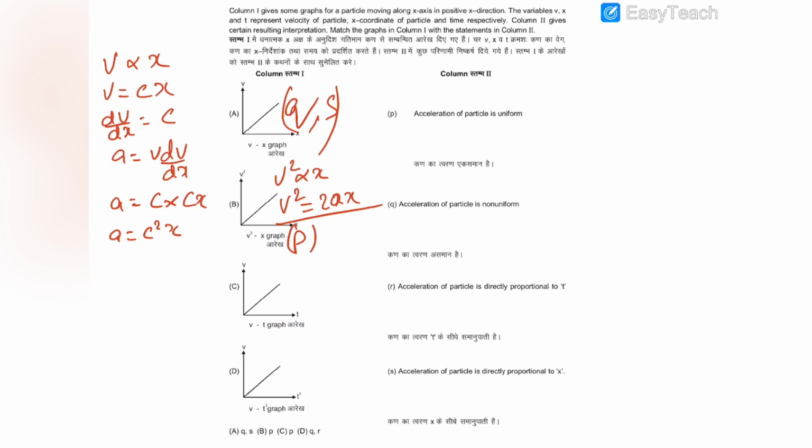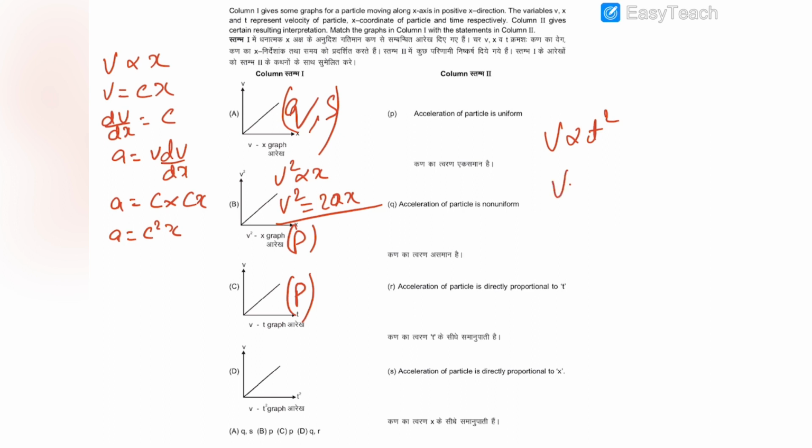Now for option C, you can see that the velocity time graph is a straight line. So if the VT graph is a straight line, then you can easily predict that the equation of motion is valid, and therefore acceleration is uniform. So P is the option. And in option D, V is proportional to T square.